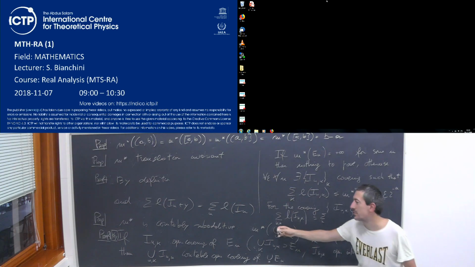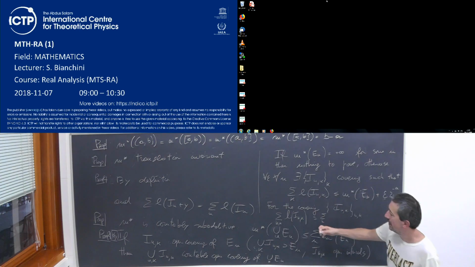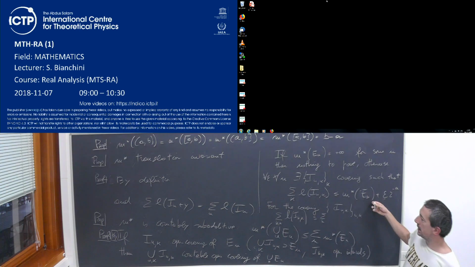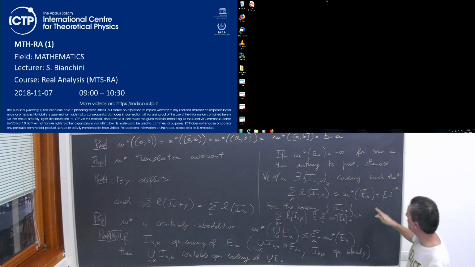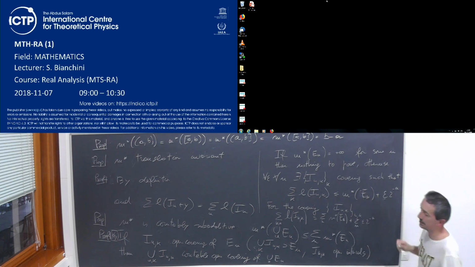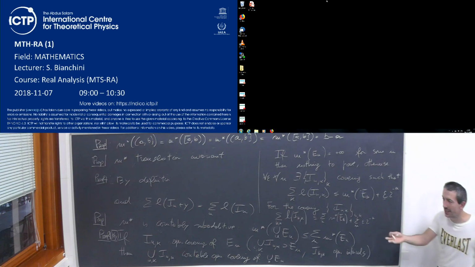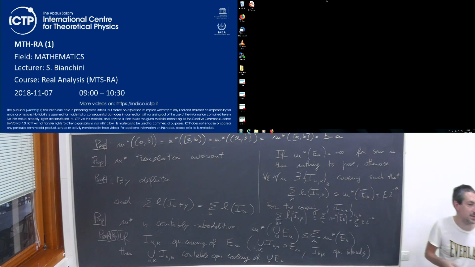I can just fix K, N and sum all the K's. And when I sum all the K's, I can use this guy here. So it's M star of En plus the sum of epsilon 2 to the minus n. So I have a covering which is less or equal than this guy plus epsilon. It's like for the countable length.